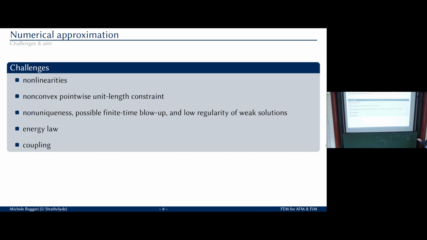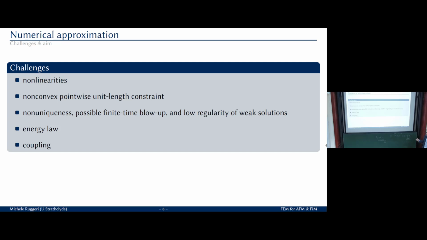You have the non-convex pointwise unit length constraint that you want to realize at the discrete level. When you want to do analysis, the energy equation can experience non-uniqueness, possible blow-up in time, and low regularity. I'm not claiming those results for the coupled system, but I would imagine that the situation does not become better, so I would imagine that this will happen as well.